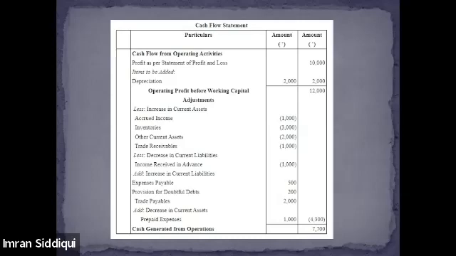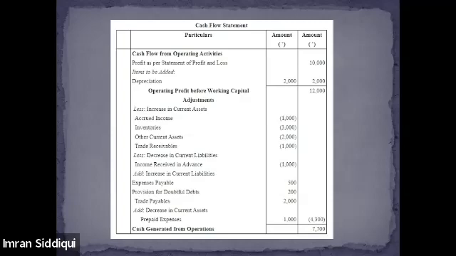Profit is given as 10,000, right? Then we have added the amount of depreciation in it. So the total operating profit is 12,000. After that, we just need to subtract the increase in the current asset, and we will be subtracting the decrease in the current liability as well.